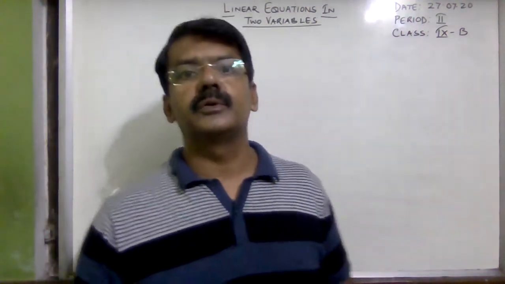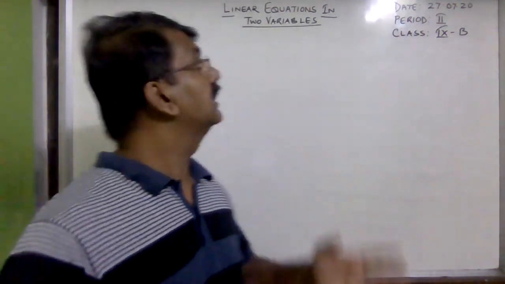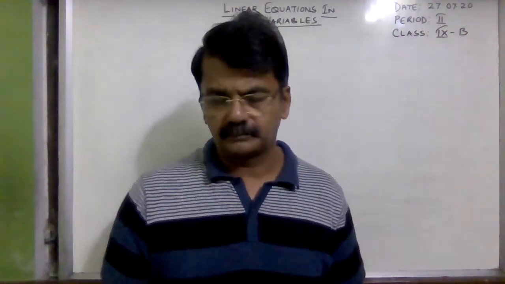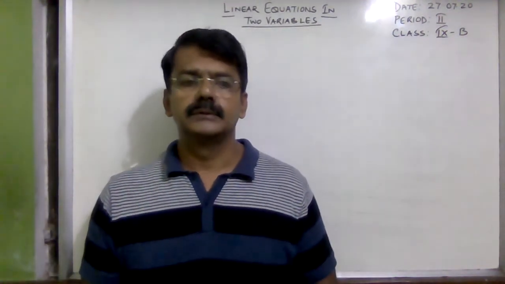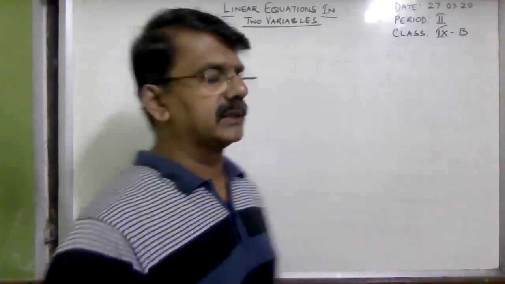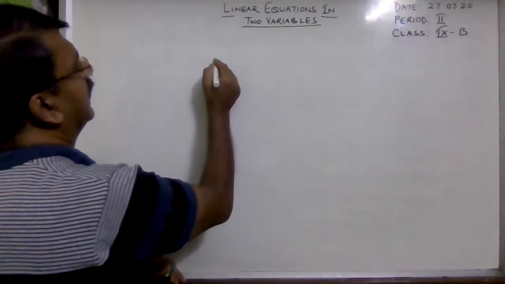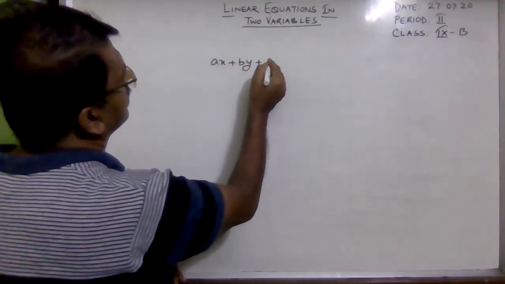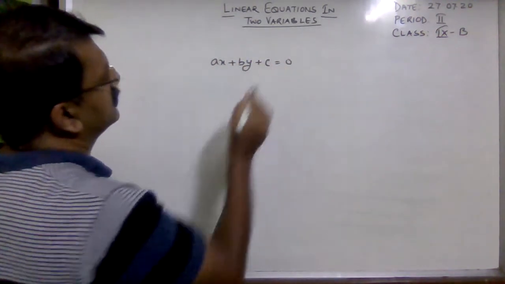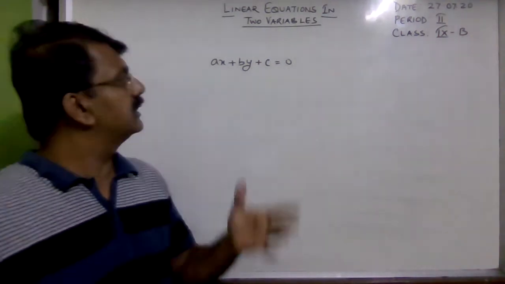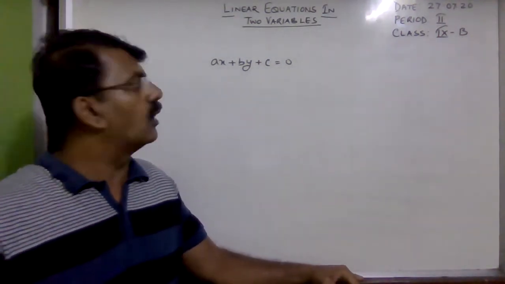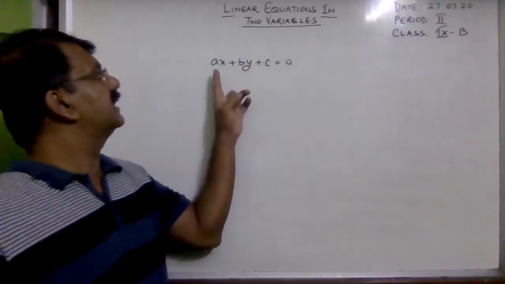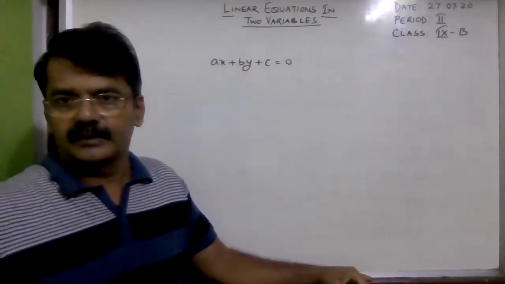Okay, so today we are going to start linear equations in two variables. Now you know any equation of the form ax plus by plus c is equal to 0. Any equation of this form is called a linear equation in two variables. You can see there are two variables, x and y.